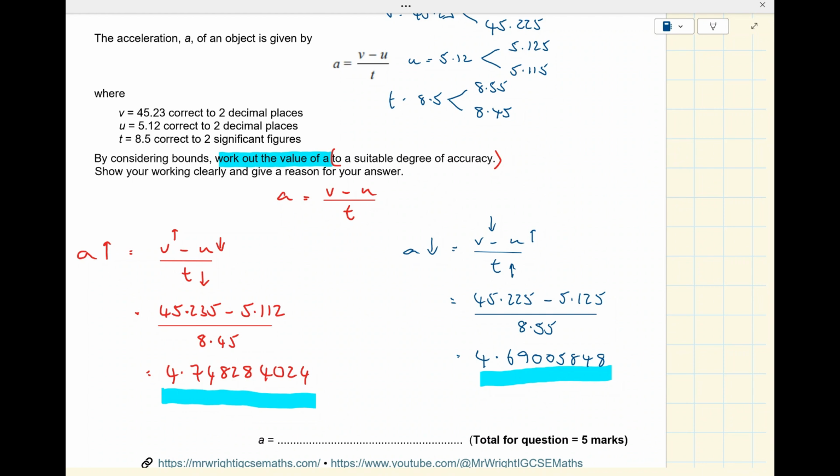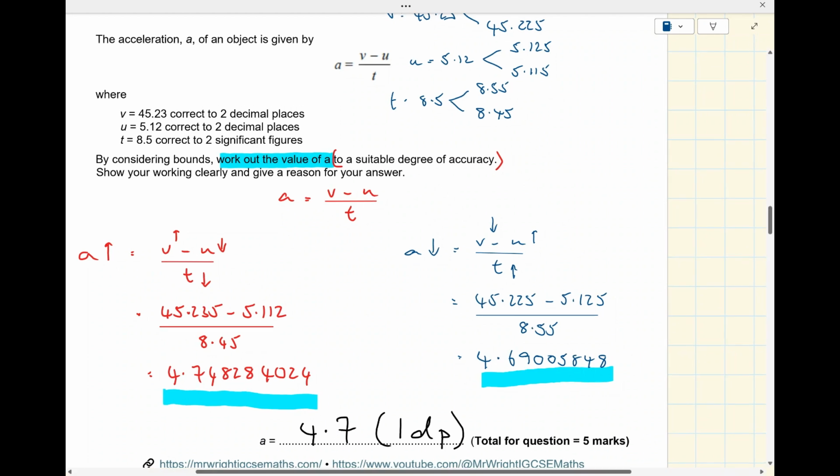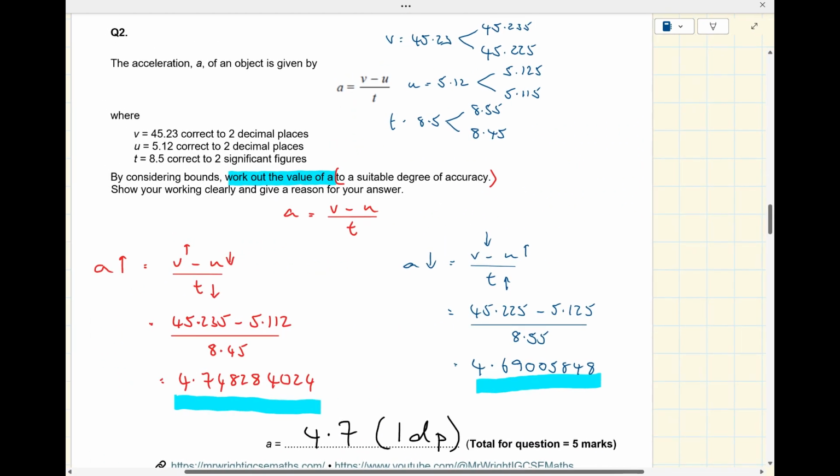But you can say for sure that A is equal to 4.7 to 1 decimal place or 2 significant figures. And when it says work out the value of A to a suitable degree of accuracy, I have worked out that whatever A is, it is definitely 4.7 to 1 decimal place. And that is my solution to question 2.